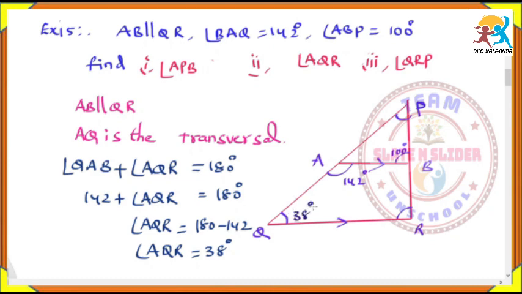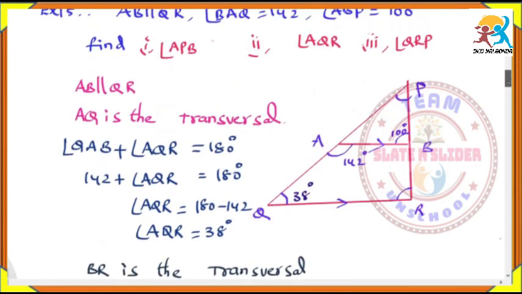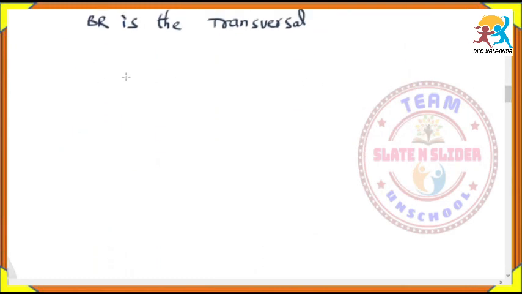And again this BR is also a transversal. So observe, angle ABP and angle BRQ.